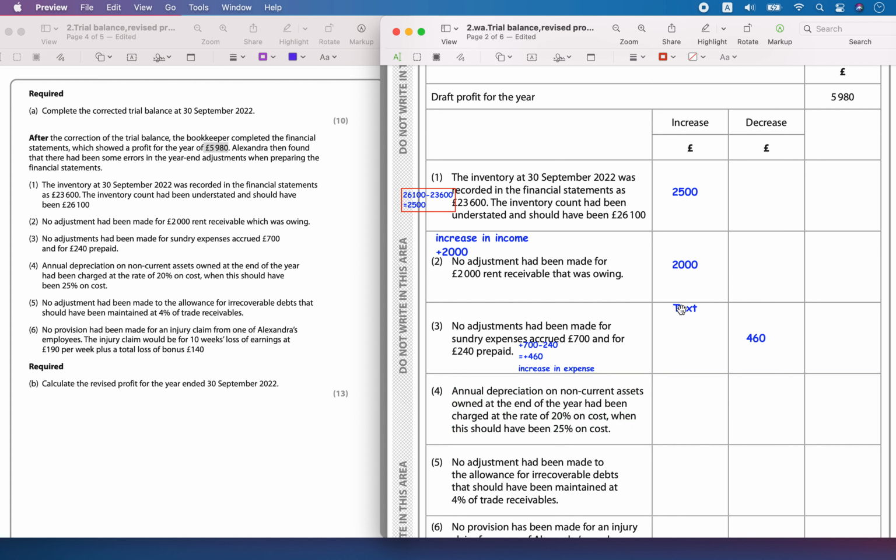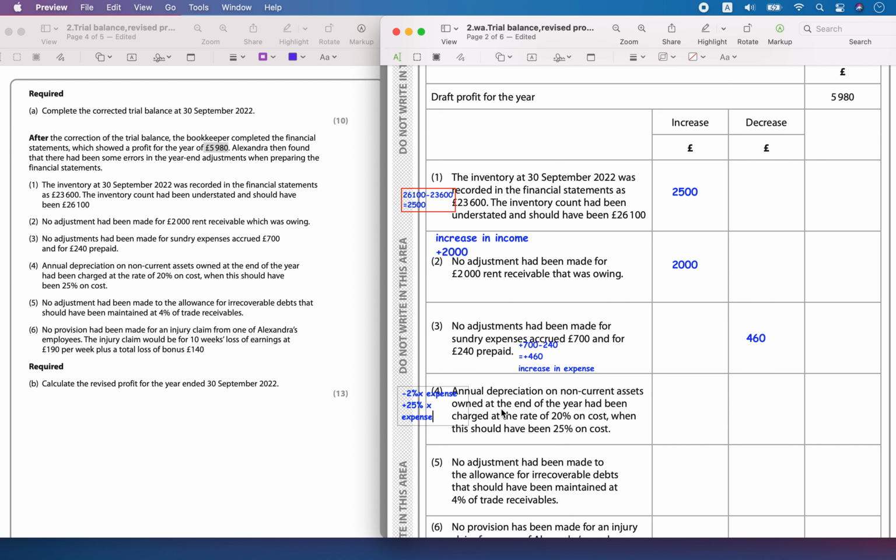The cost should have been charged at 25%, so we will have to remove the 20% that was charged wrong, and include 25% of the same expense.